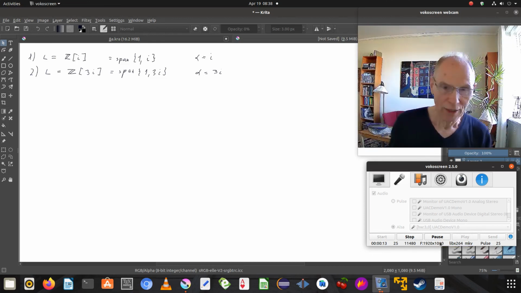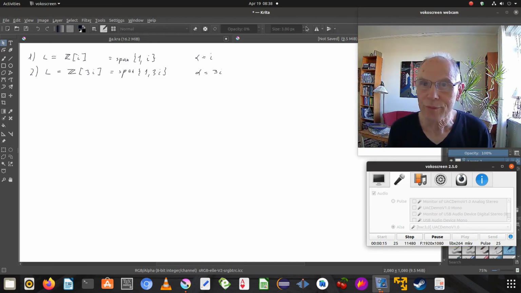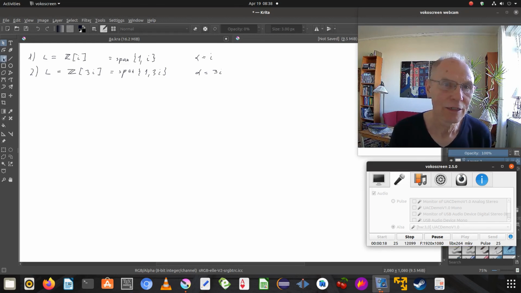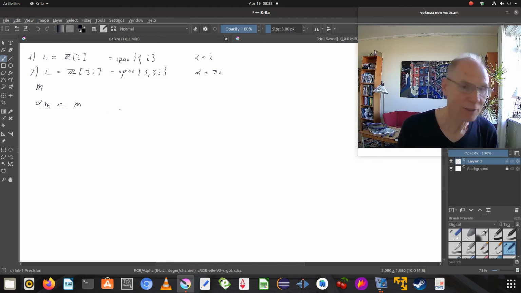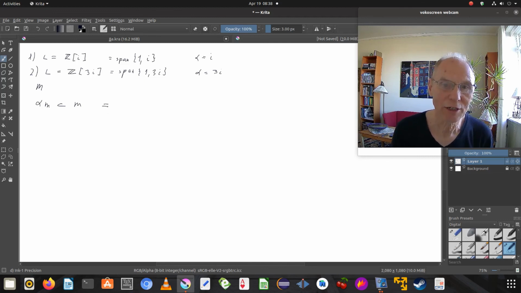Well, we have a module M, and if alpha M lies in M itself, then alpha is an algebraic integer.